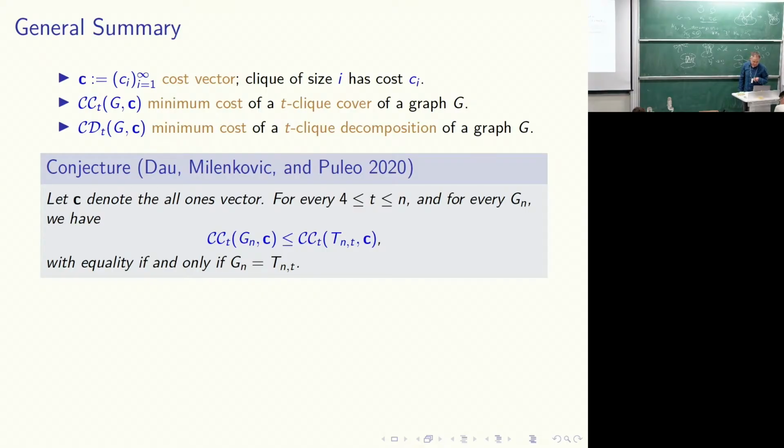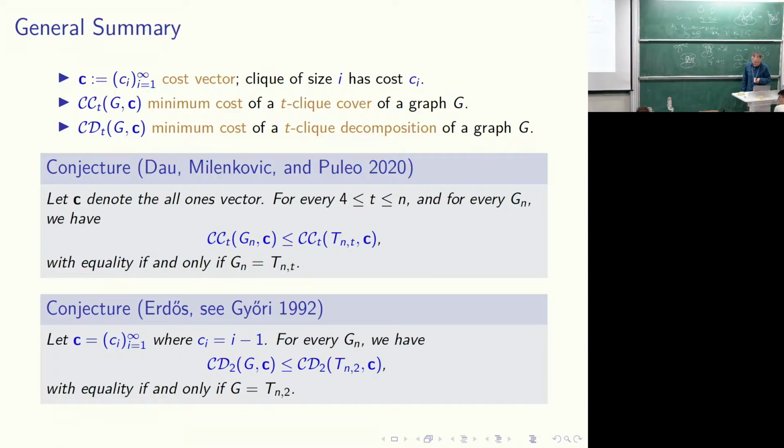This conjecture of Dow, Milenkovic and Puleo, that if we do the clique covering problem, then the Turán graph is the extremal graph. So that's the generalization of the edge covering problem, and Dow, Milenkovic and Puleo solved the problem for t equal to 3.